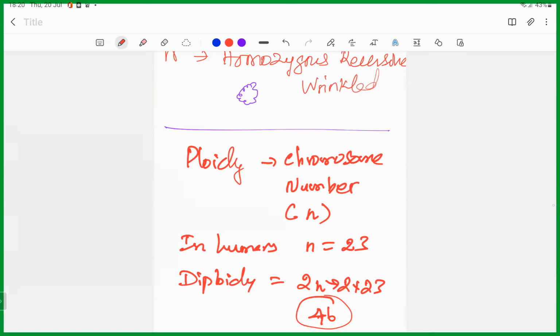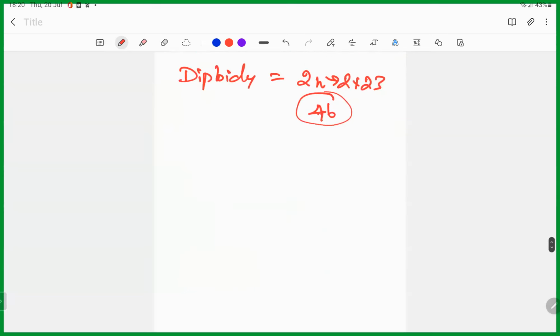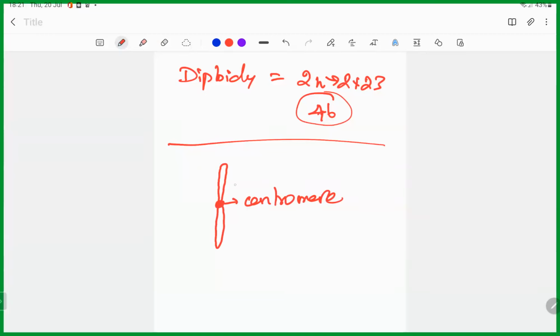So why am I telling this? What is the significance of this? We have many chromosomes, right? This is the basic structure of a chromosome. This is the centromere, and there are two arms.